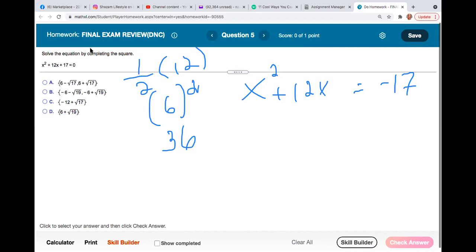So we're adding 36 to both sides. Now, when we add that 36 to both sides, this is going to leave us, guys, with 19. So automatically, you see that 19 in there?